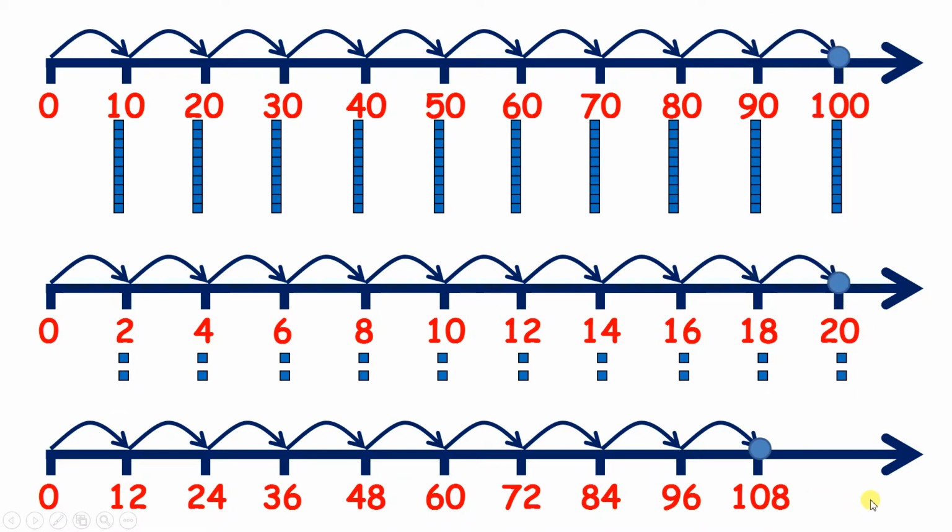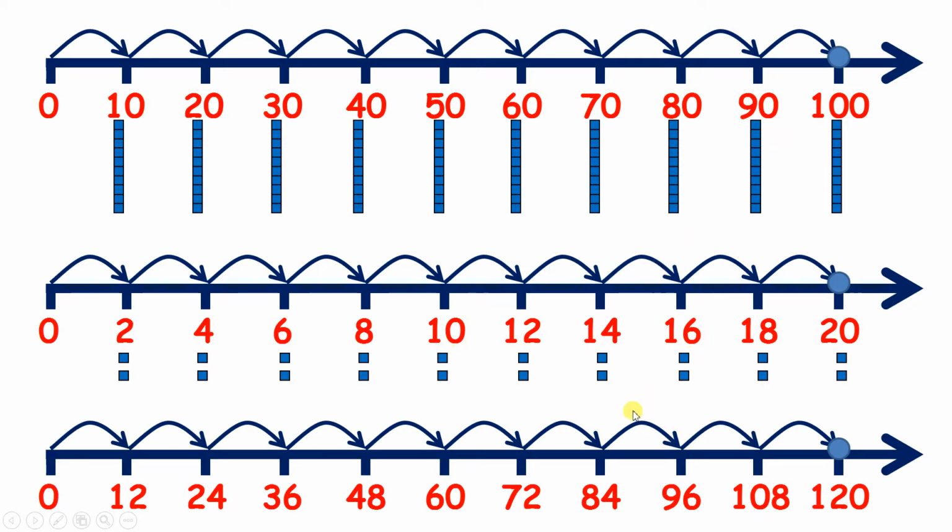And 100 and 20 makes 120. So on the bottom line, we have our 12 times table, and we can say that we got our 12 times table by adding our 10 times table and our 2 times table.